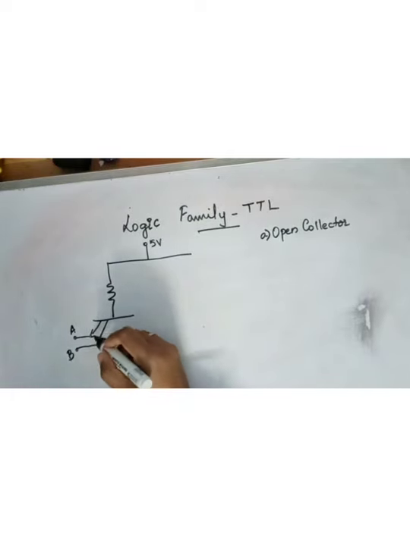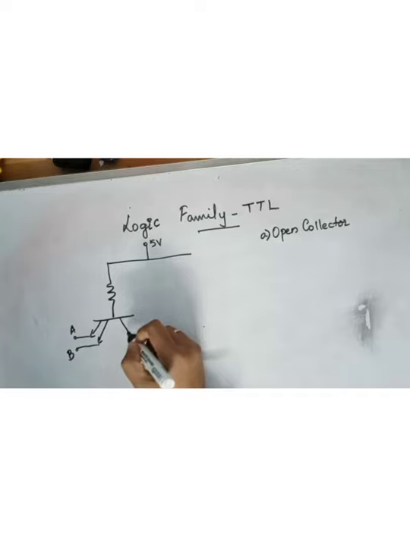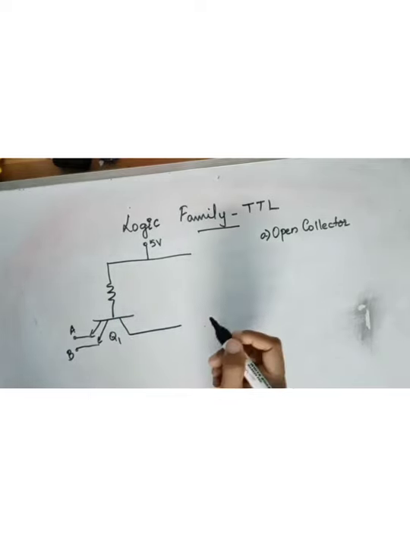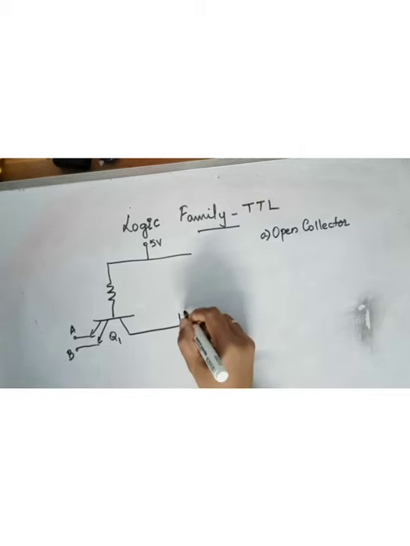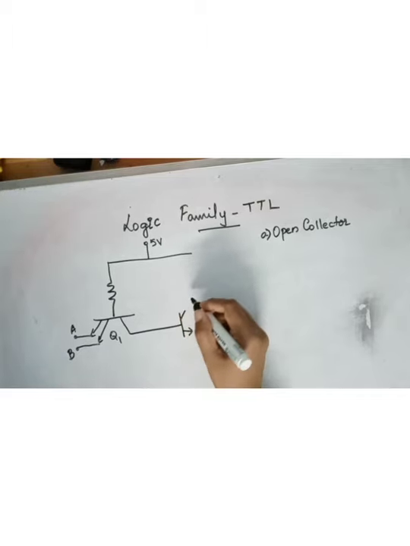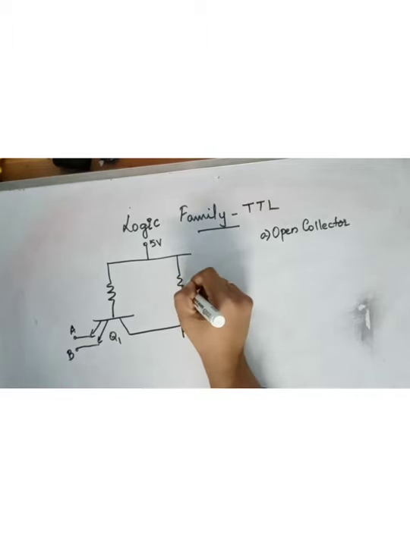So this is a multi-emitter transistor, Q1. Then you have another transistor Q2.